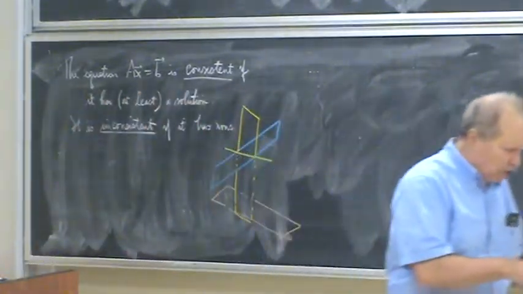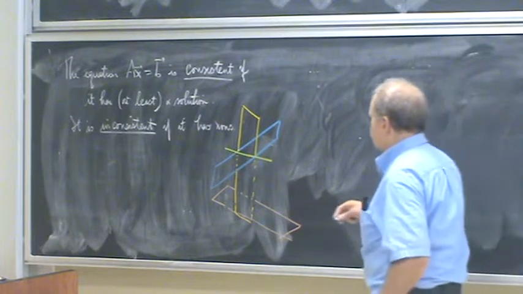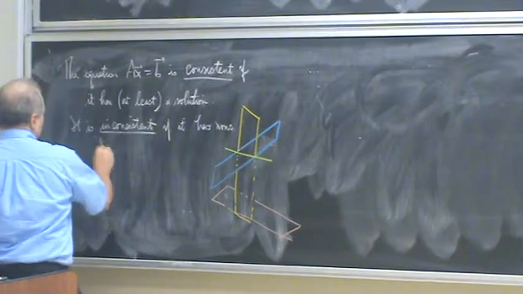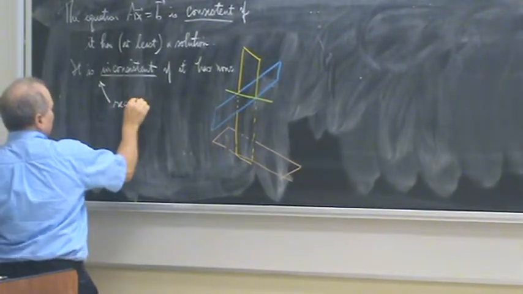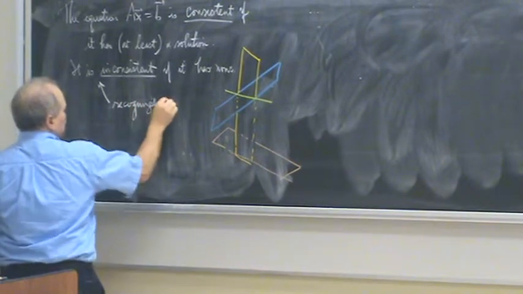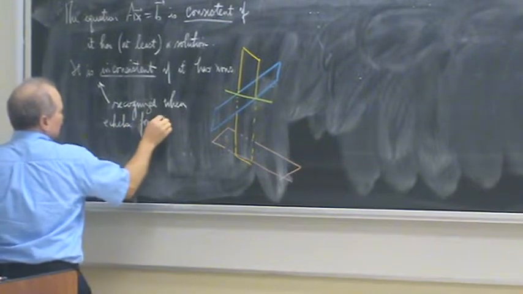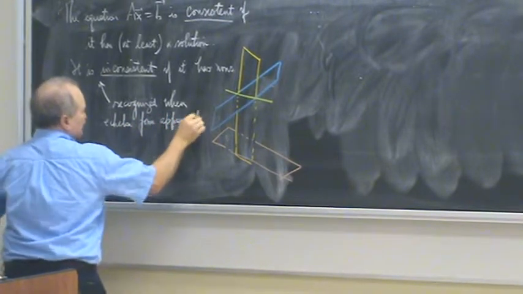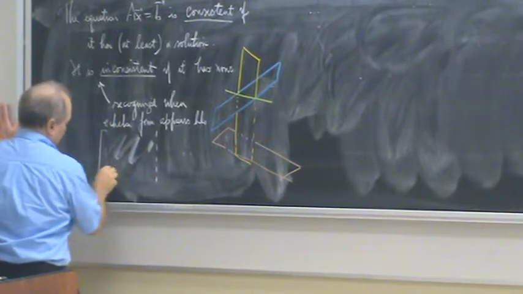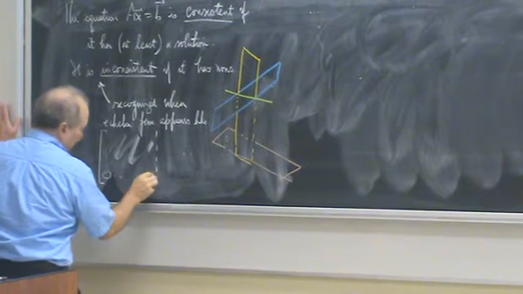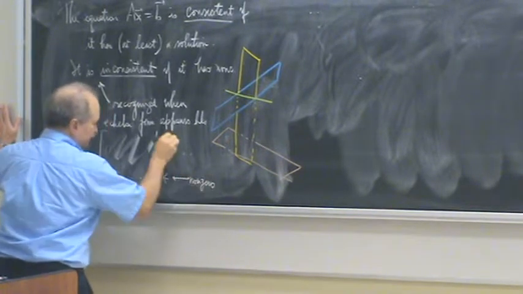And how does that show up from our echelon form stuff? This phenomenon, inconsistency, is recognized when the echelon form, which doesn't even have to be reduced, has something like a row of zeros but then something non-zero on the right-hand side.